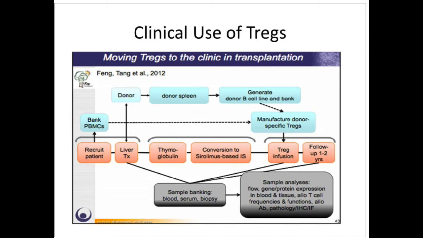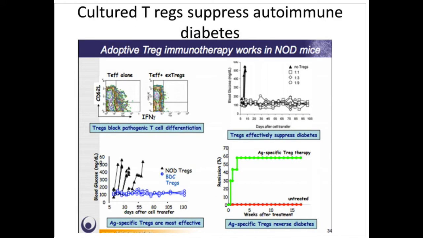On the right lower side here, if you put T-regs into a culture system with insulin-secreting cells, you can actually reverse diabetes, basically by downregulating the inflammation.